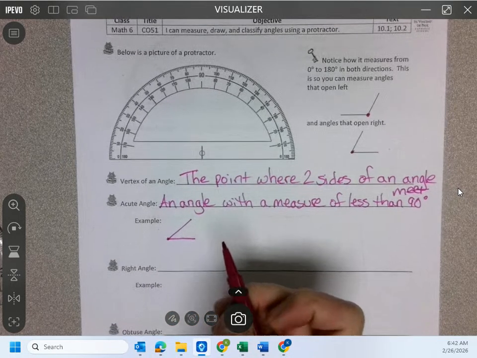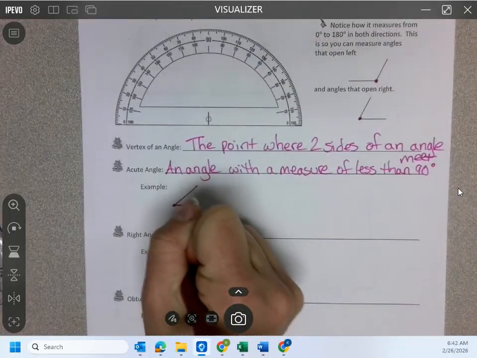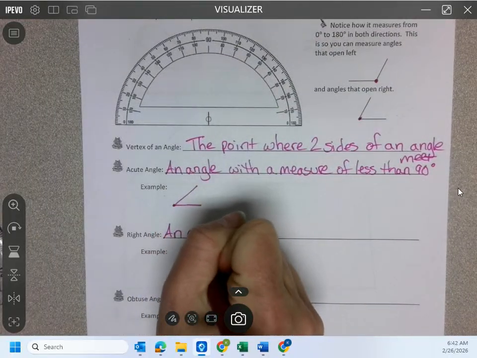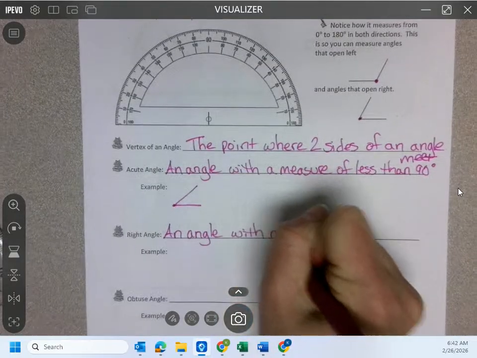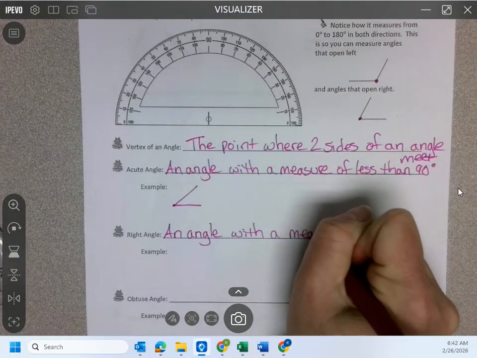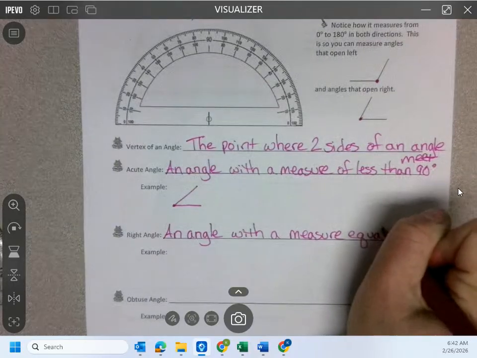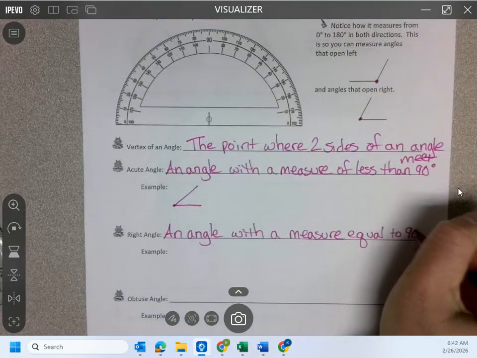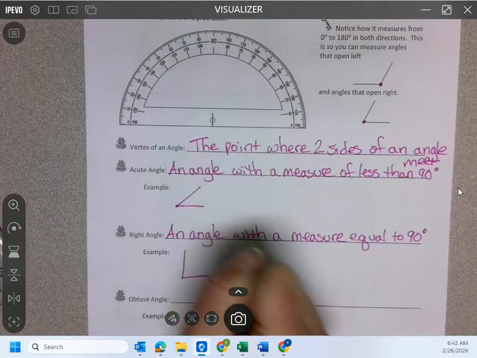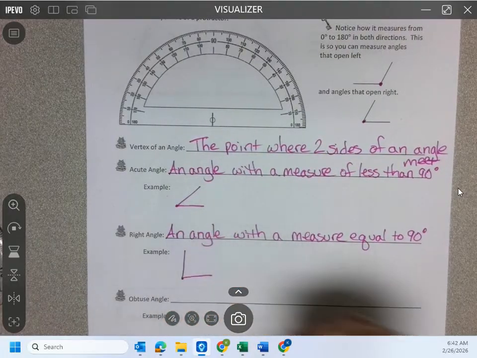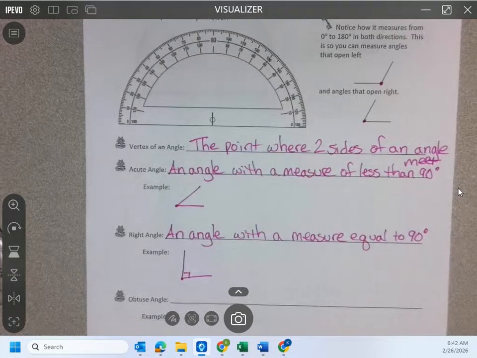If it's a right angle, that right angle is an angle with a measure that's exactly equal to 90 degrees. So it looks like this. And there's the vertex, and a lot of times you'll see a little box in there.